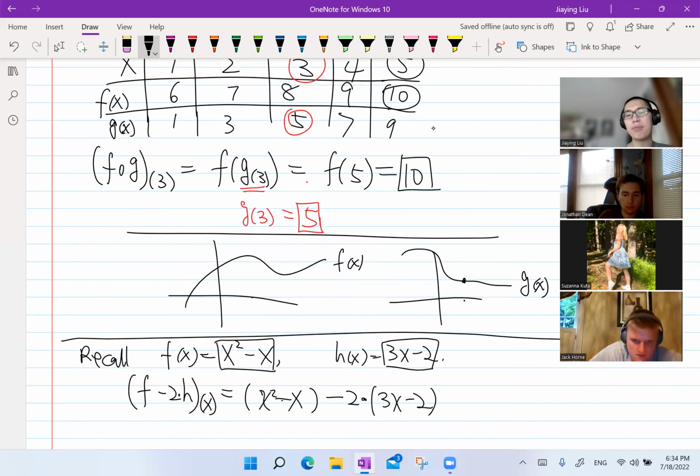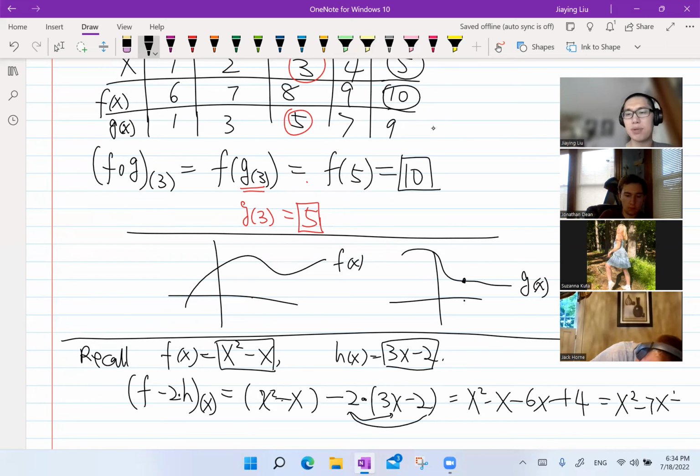And the rest is about simplifying. So we have x squared minus x minus, distribute the -2, so minus 6x, and -2 becomes positive 4. And we just have to simplify everything. So we get x squared minus 7x plus 4. So that will be the function given by f minus 2h.